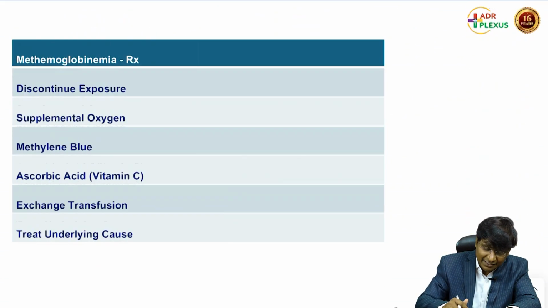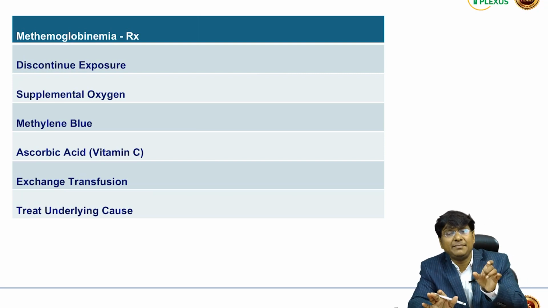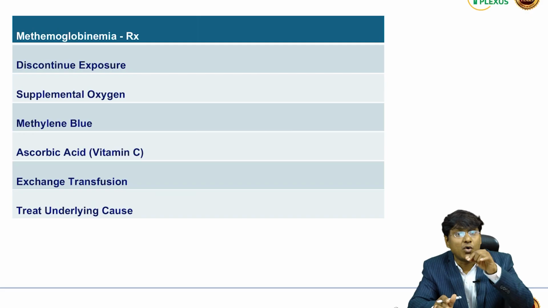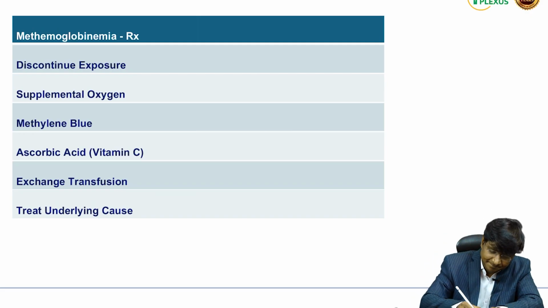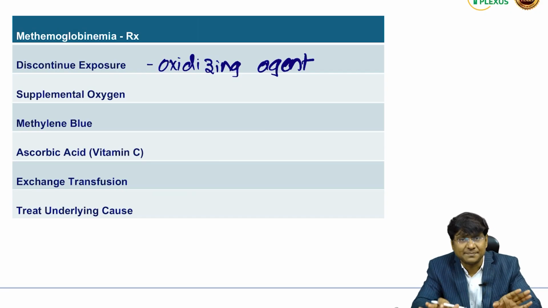So what will be the treatment for methemoglobinemia? First and foremost, discontinue the exposure. If methemoglobinemia is due to exposure to a specific oxidizing agent, then the first step is to remove the individual from further exposure to the substance.